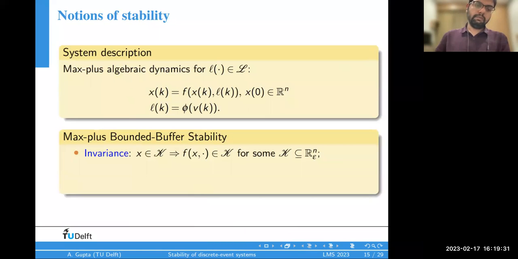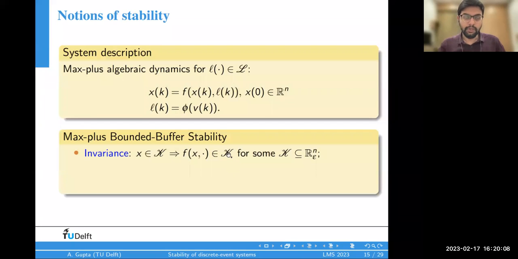Okay, so again, like I suggested, for Lyapunov stability, I can use its variations. The first one is replacing the equilibrium point with an invariant set. So now I say that if my state lies in a set K, and my next state x of k, excuse me, also remains in K, then this set K is positively invariant.